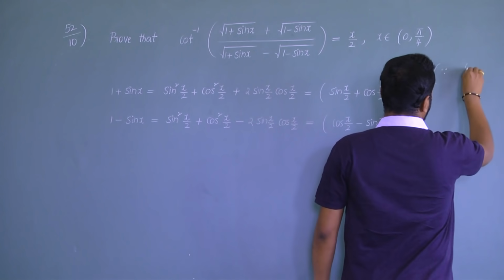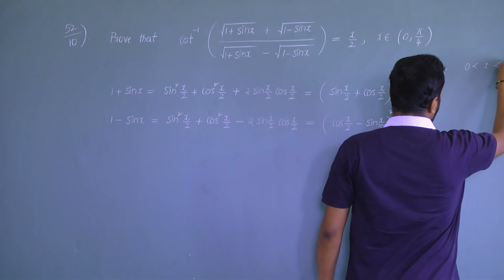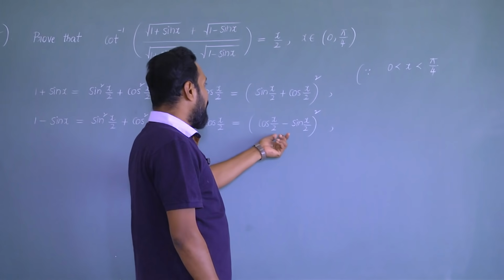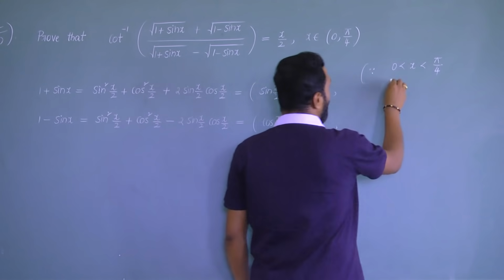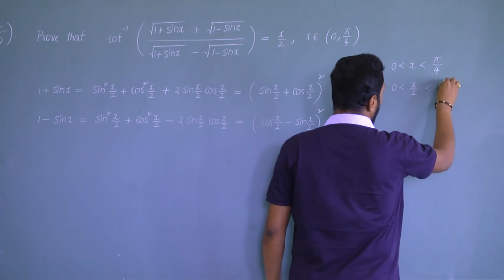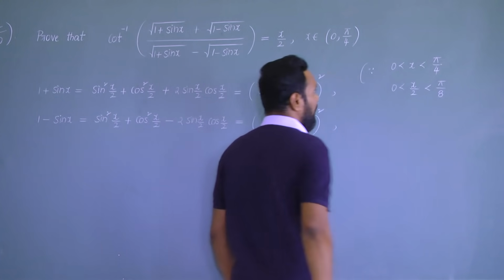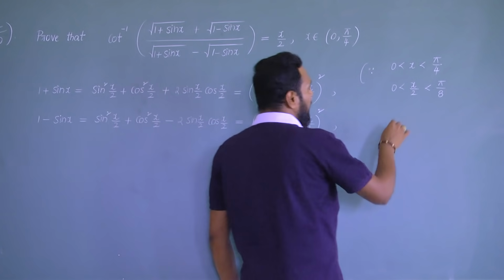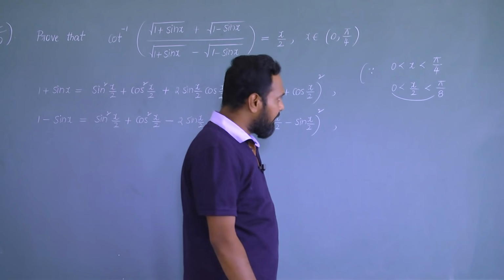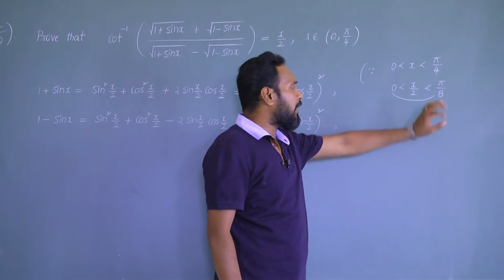As the interval is given as 0 less than x less than pi by 4, if I take it in terms of x by 2, it is 0 less than x by 2 less than pi by 8, which is 22.5 degrees.